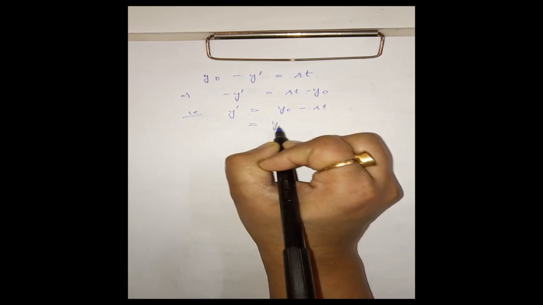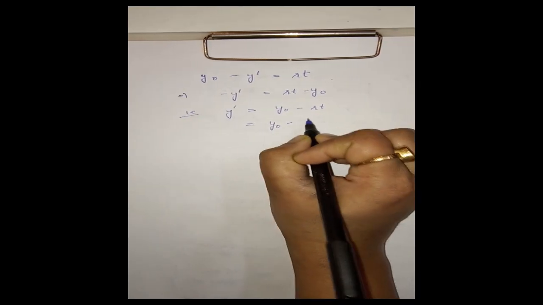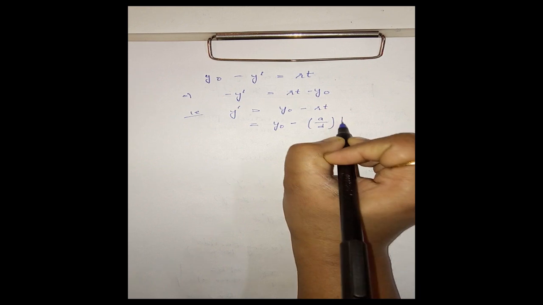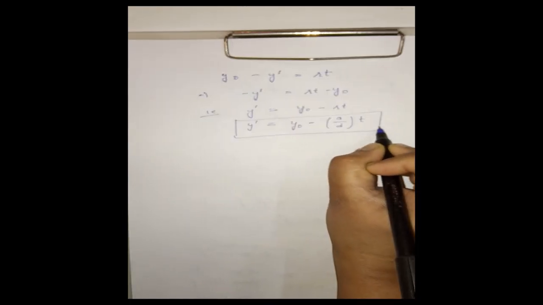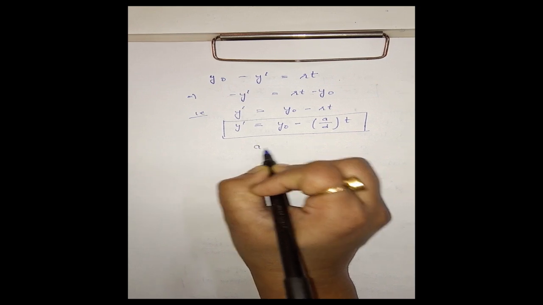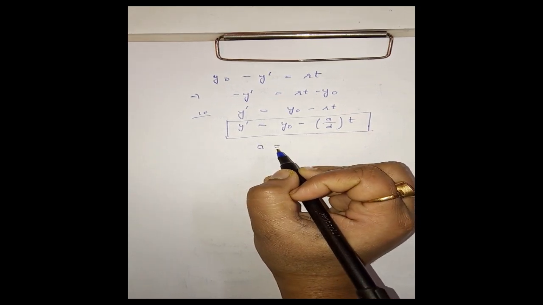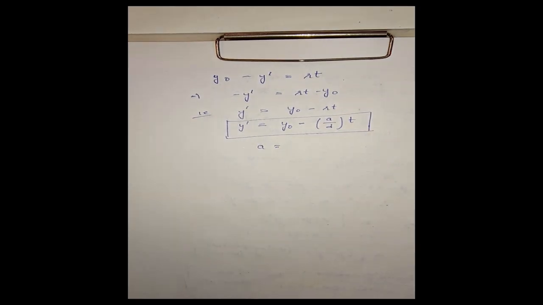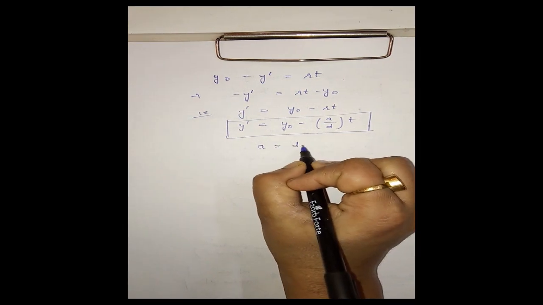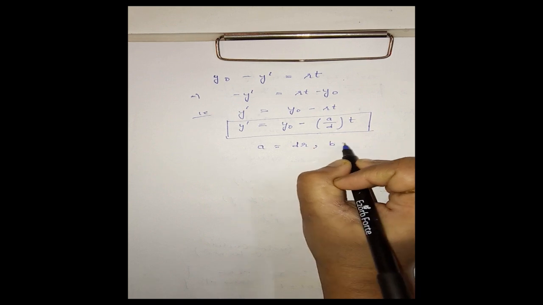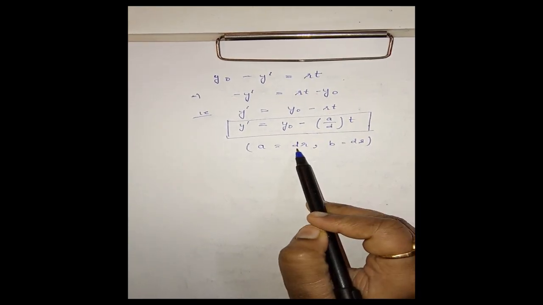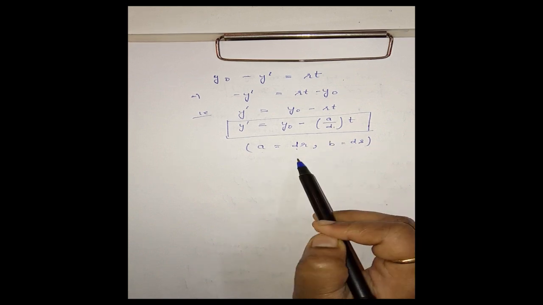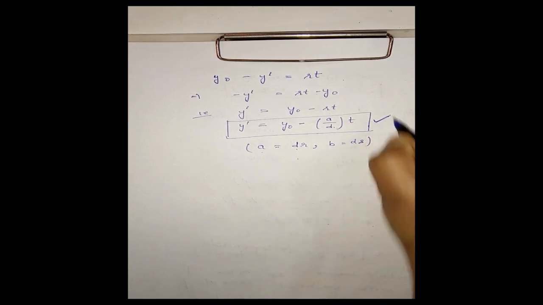This will give us y naught minus a by d into t, substituting value of r. Since we have a is equal to a dr and b is equal to ds. Okay. Now r is equal to a by d. From this we have this. Clear?